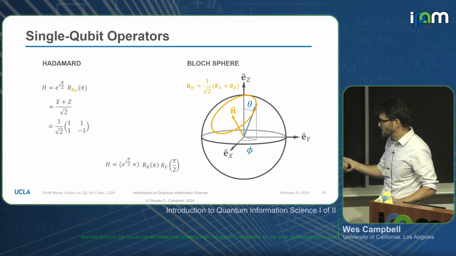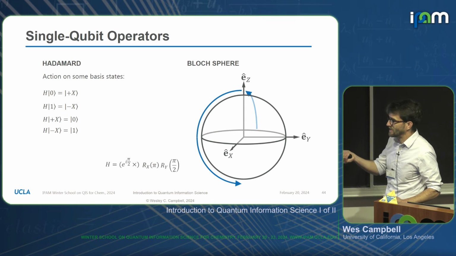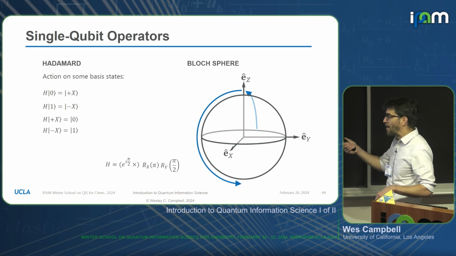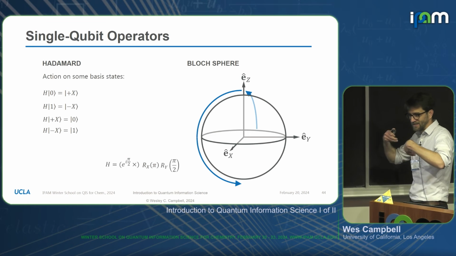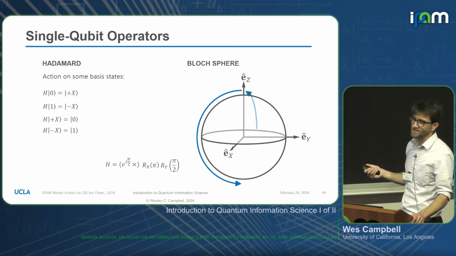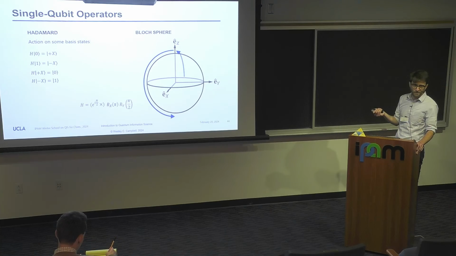The reason this is useful in quantum computing is that it takes you between z and x eigenstates. So if you want to put a qubit in a superposition of the possible basis states with equal probability, Hadamard is a good way to do it.